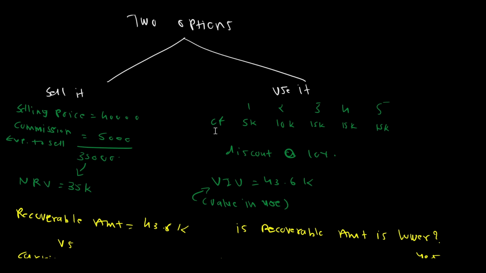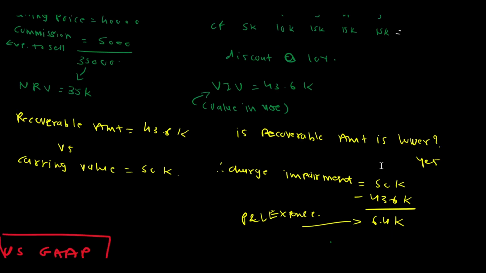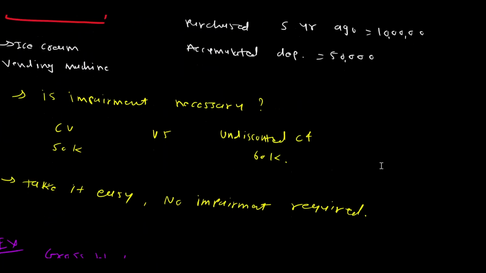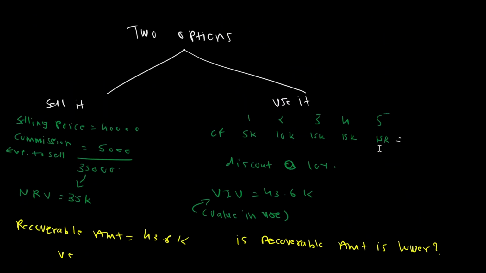And if I use it, I will generate cash flows over the 5 years, and this cash flow total is 60k: 50, 50, 45, and 60.